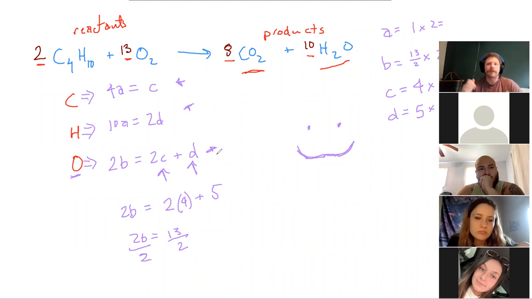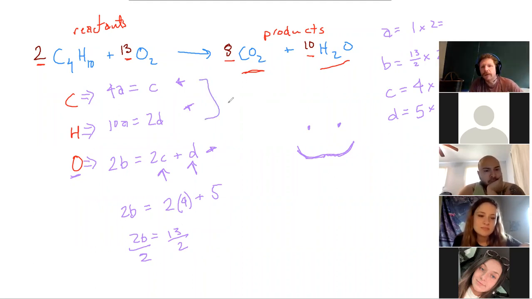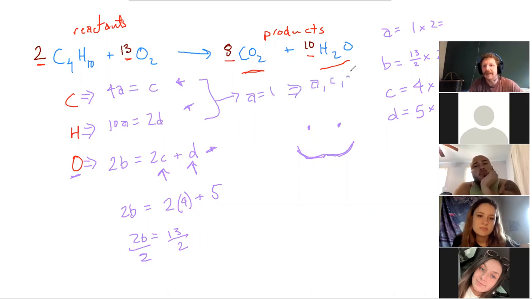In the event that something goes haywire in my solving process, I'll look back and say, I set A equals to 1. How many other values do I learn from that? By establishing that A equals 1, that actually gave me A, C, and D.